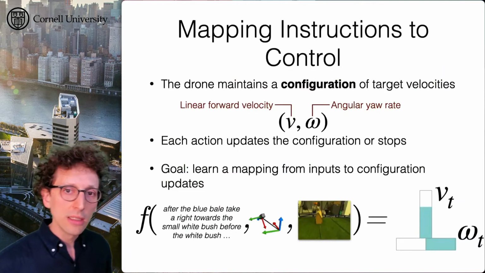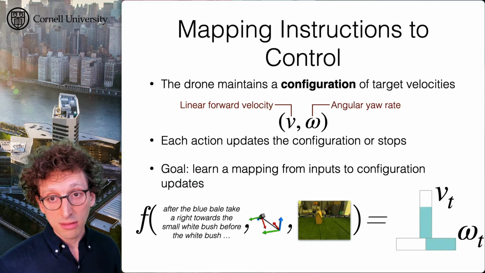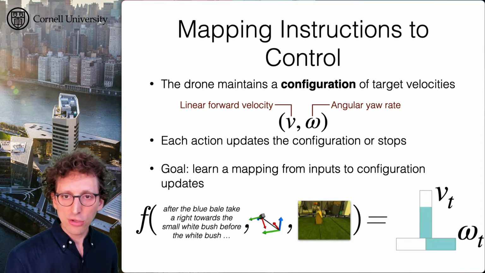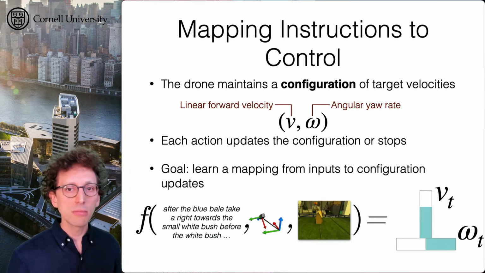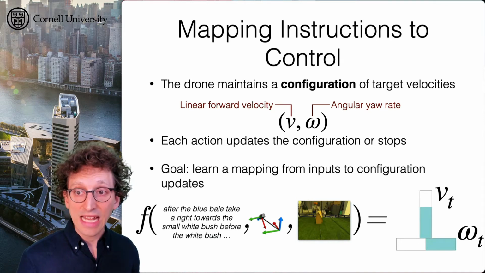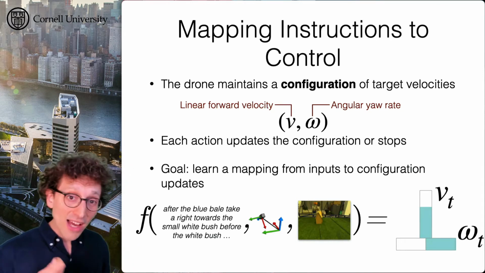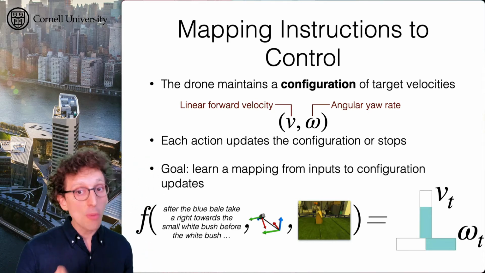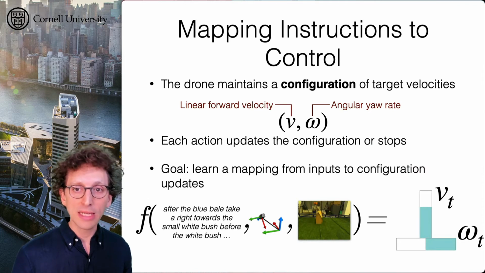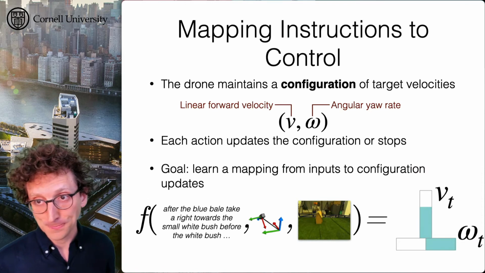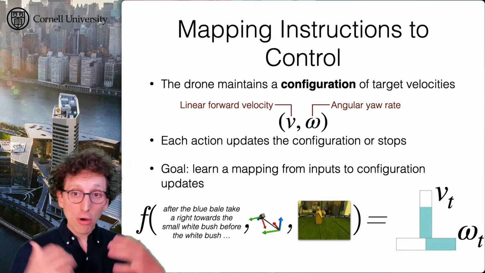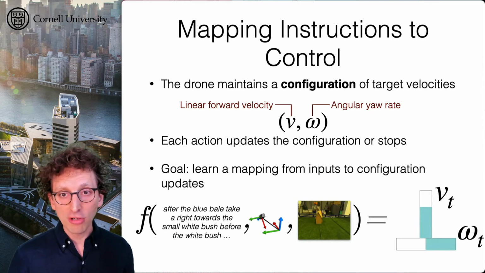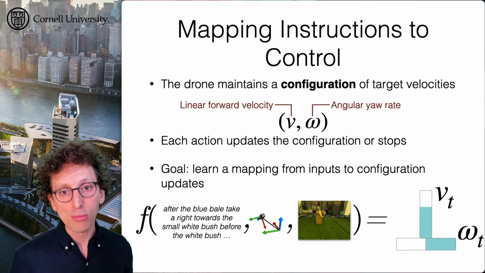More formally, the drone maintains a configuration of target velocities. This configuration is a pair of two real numbers, a linear forward velocity and an angular yaw rate. Each action that the model takes updates the configuration or takes the stop action, which brings the drone to a stop and indicates that it's completed the instruction. Below, this configuration is fed into a low-level controller that controls the voltage of the 4 motors.